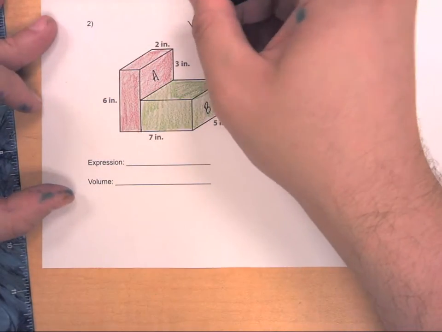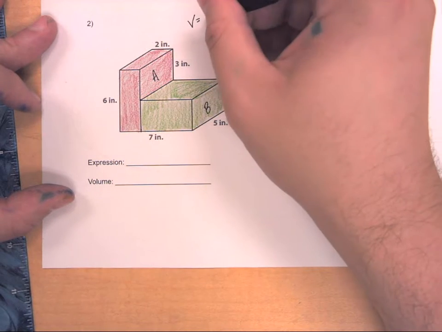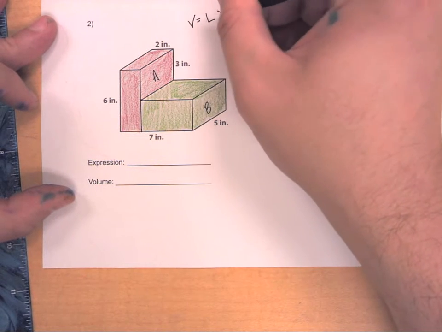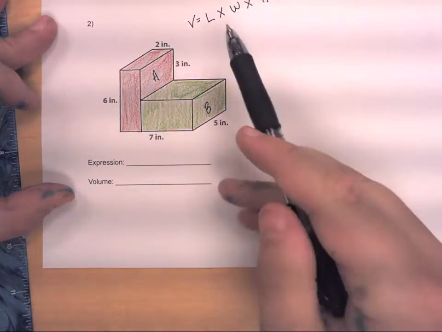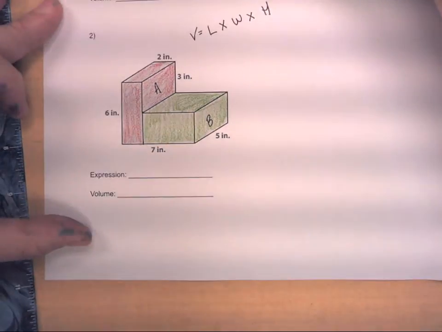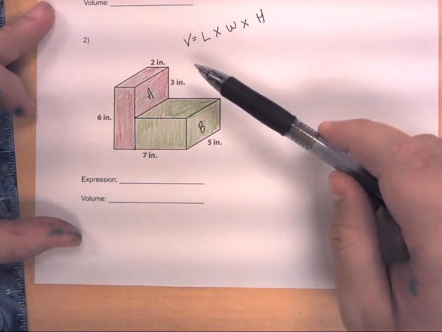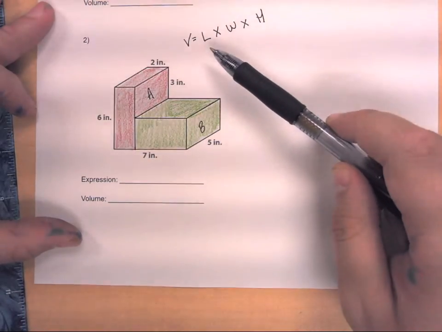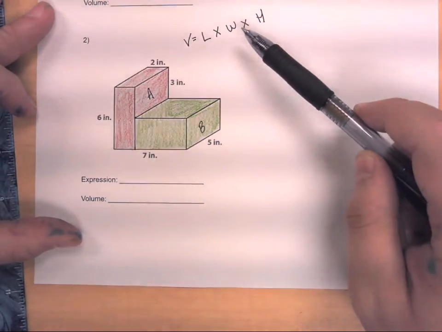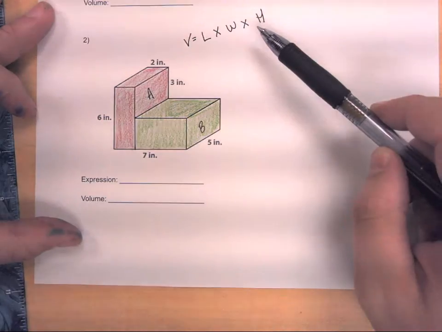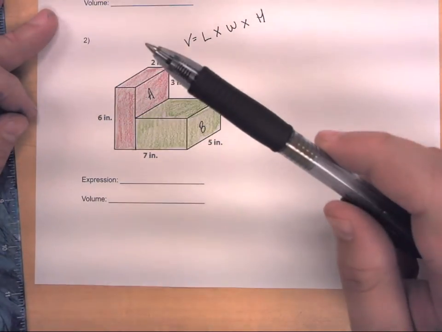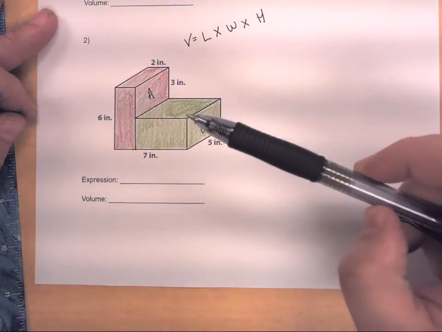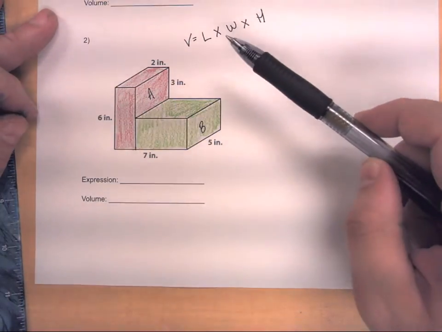Now, one of the formulas that we can use to find the volume of a rectangular prism is this equation here, where volume is equal to the length of the prism multiplied by the width multiplied by the height. And we'll need to find the volume of prism A and then prism B using this formula.